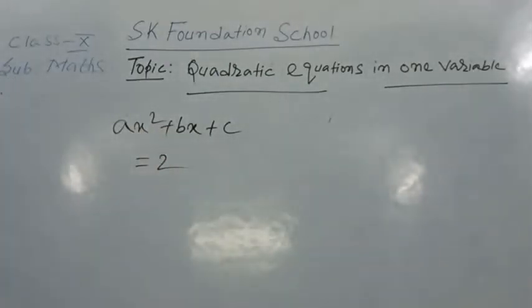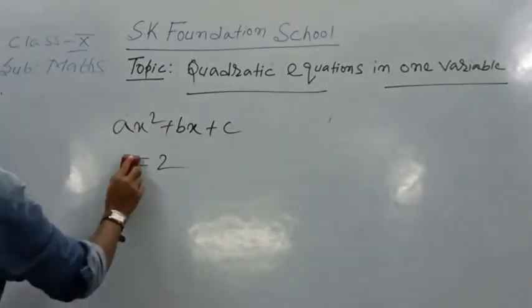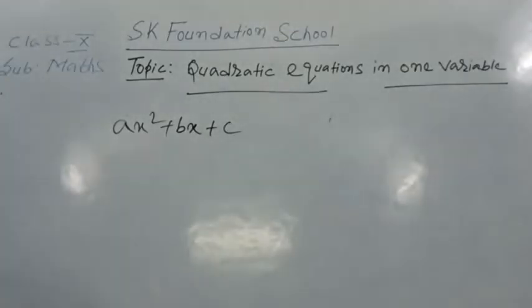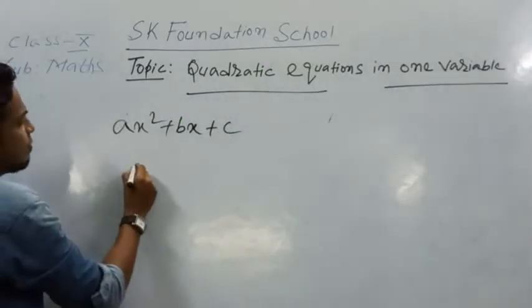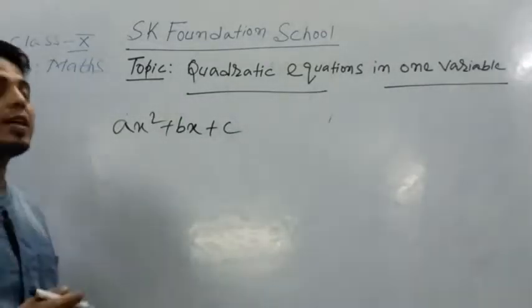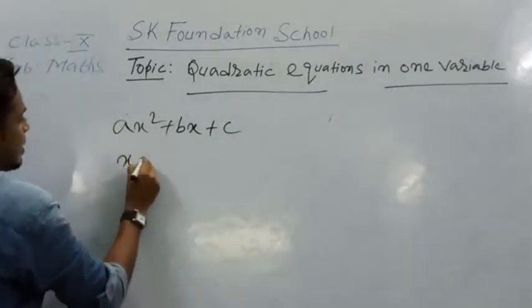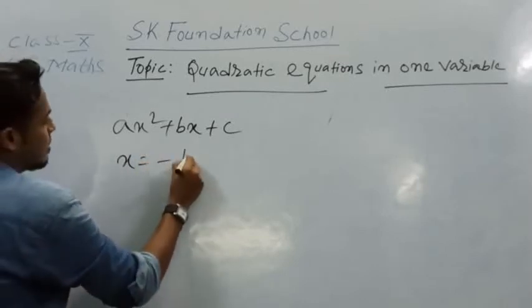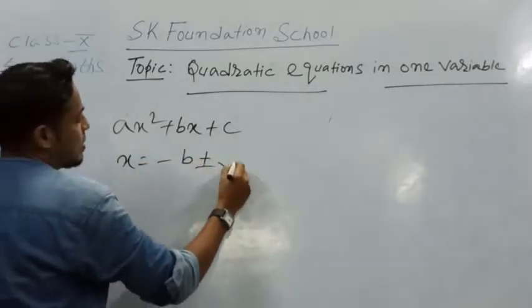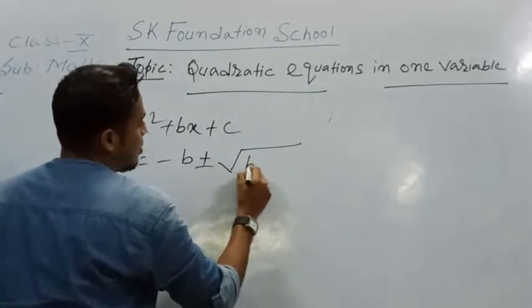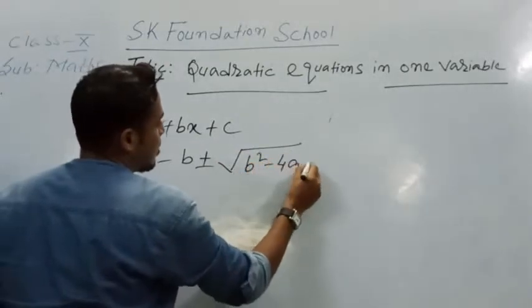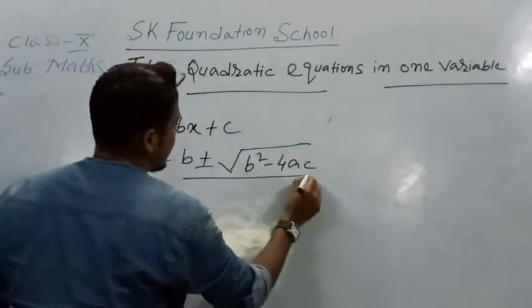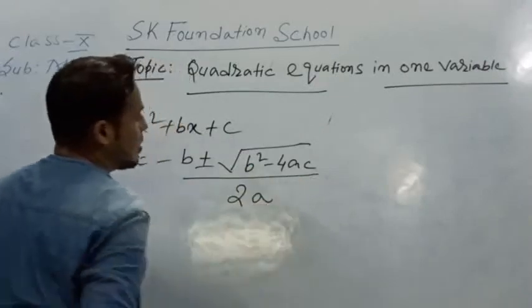But in a quadratic equation, we use this equation to find the value of x. There is a formula for finding the value of x. This is x equals minus b plus or minus root over b square minus 4ac, divided by 2a.